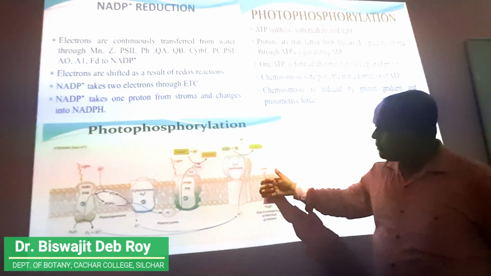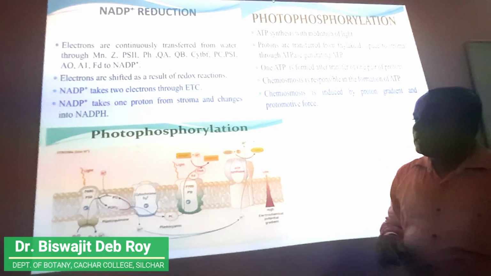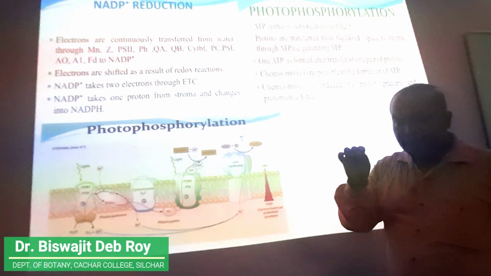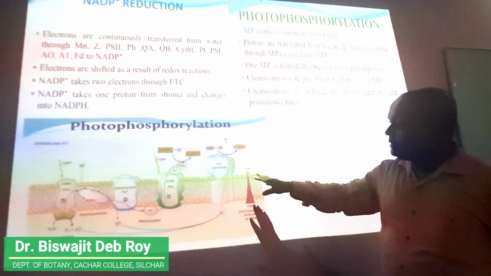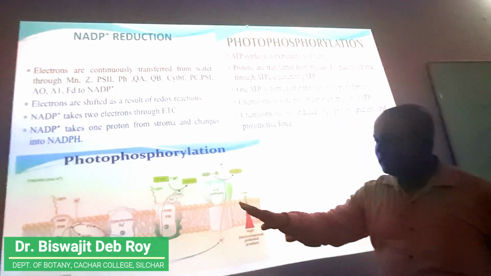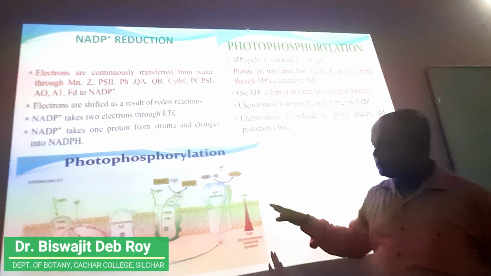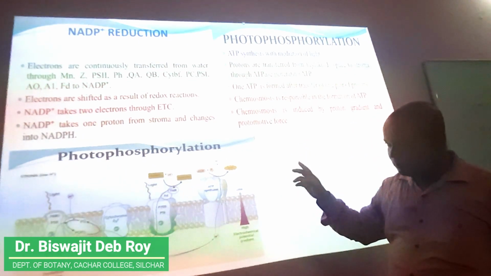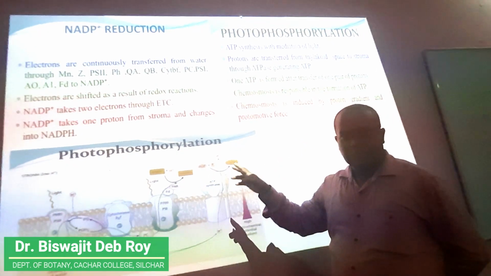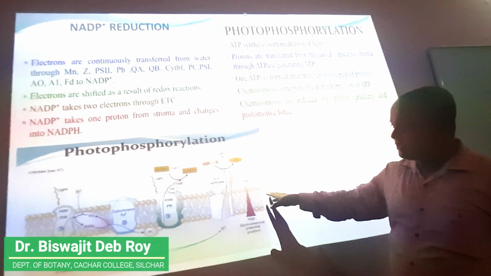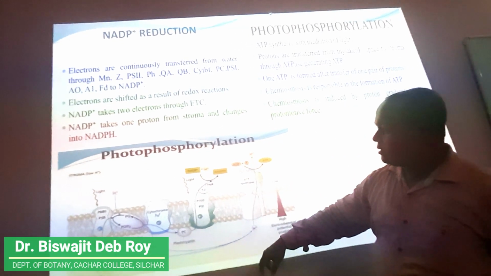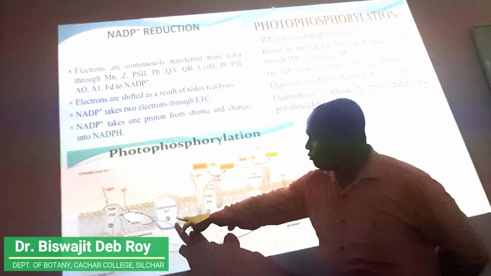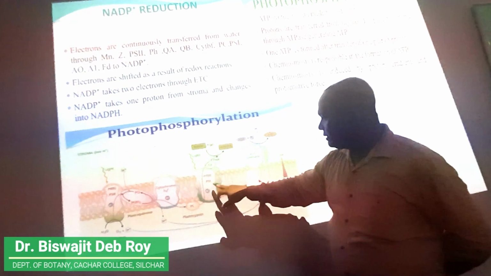This thylakoid membrane is made up of a lipid bilayer and a protein layer. In this thylakoid membrane, everything is there: all the electron acceptors, photosystem 1, photosystem 2, ATP synthase, cytochrome b6f complex. Here you see photosystem 2, cytochrome b6f complex, photosystem 1 and ATP synthase.